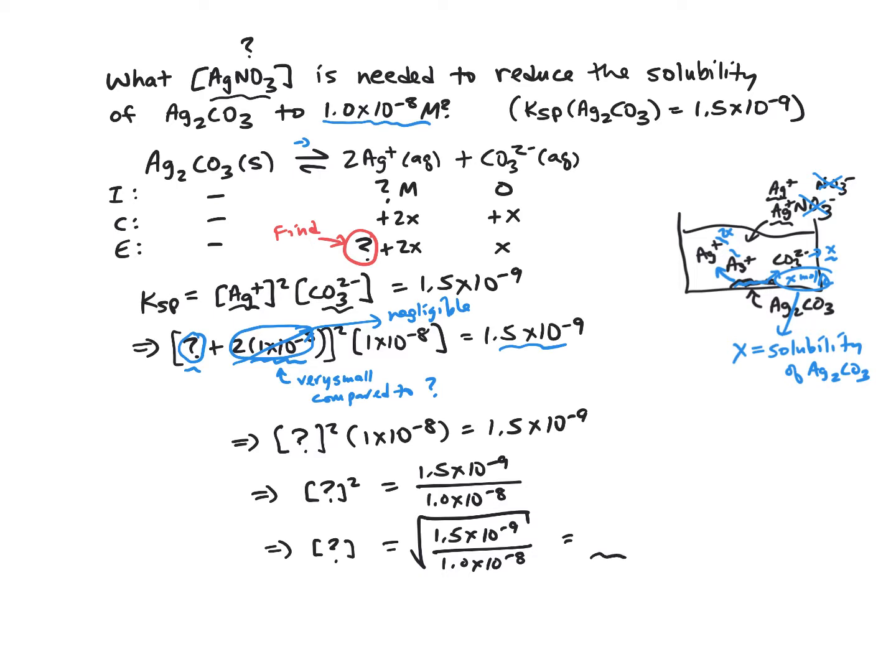And when you calculate that, you should see that this concentration is going to be pretty large, at least compared to the solubility, 1 times 10 to the minus 8th. So our assumption is good, and whatever value you come up with there is the concentration of silver nitrate needed.